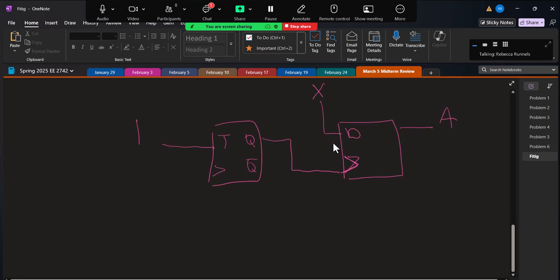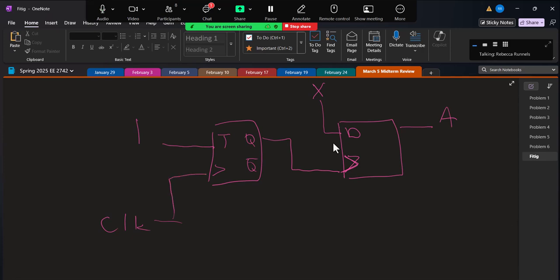Okay, so I have a sequential circuit here, and I'll just call this Q1 and Q0.